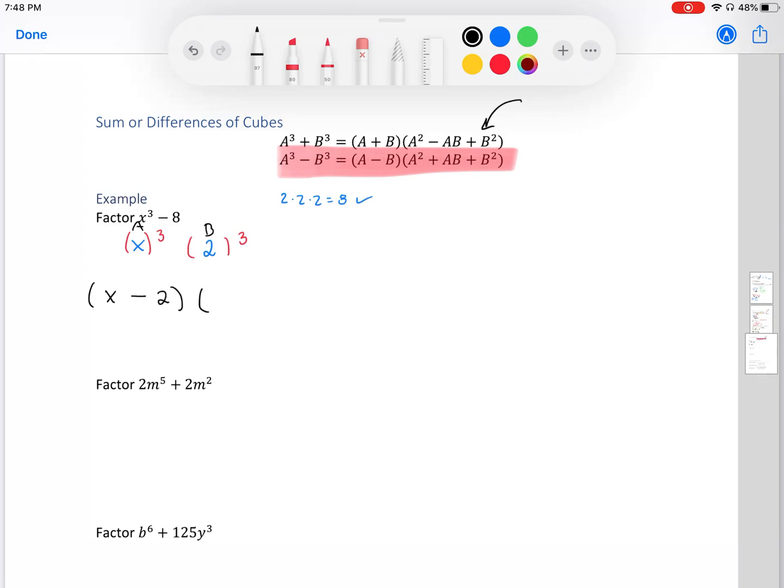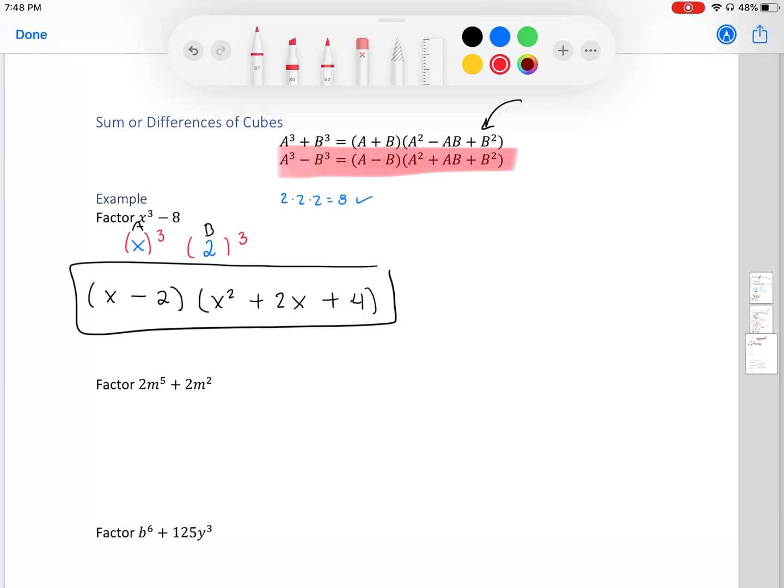And then I'm going to take my first number squared, so x squared, plus 2 times a, 2 times x, plus your last number squared, or b squared, which is 2 squared, is 4. And that is our answer. Now again, this trinomial is prime, so you can't factor it any further. It's factored as much as it can be.